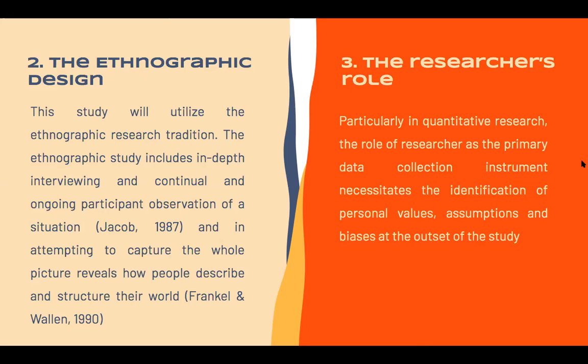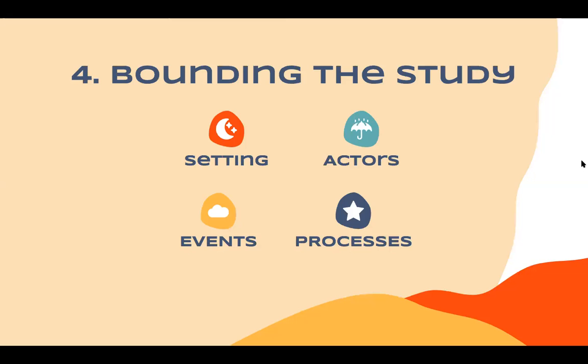Then the third step is the researcher's role. Particularly in qualitative research, the role of the researcher as the primary data collection instrument necessitates the identification of personal values, assumptions, and biases at the outset of the study. Then the fourth one is bounding the study.